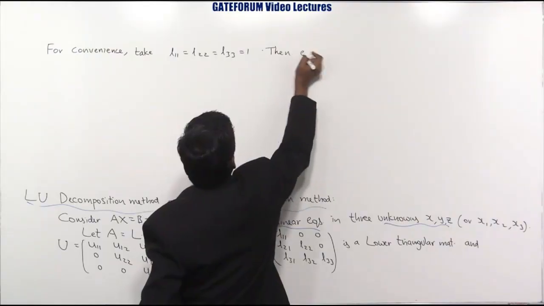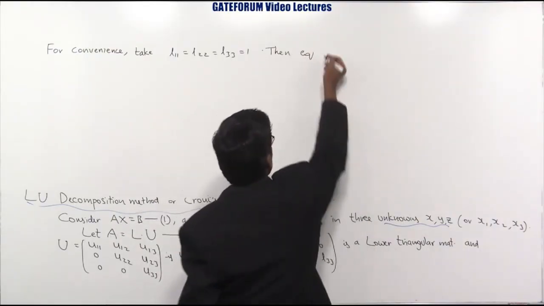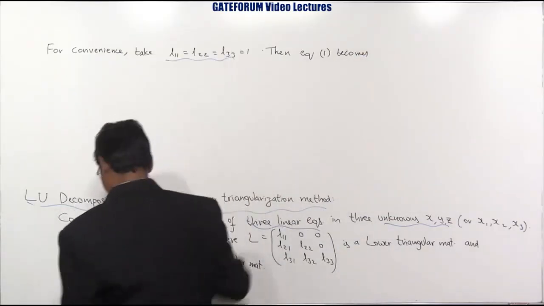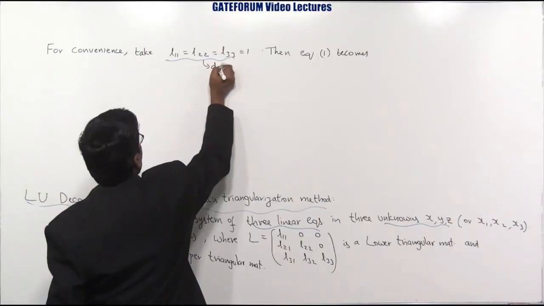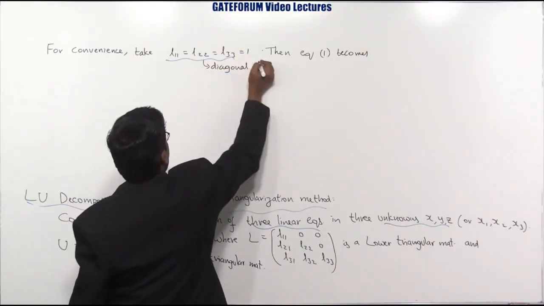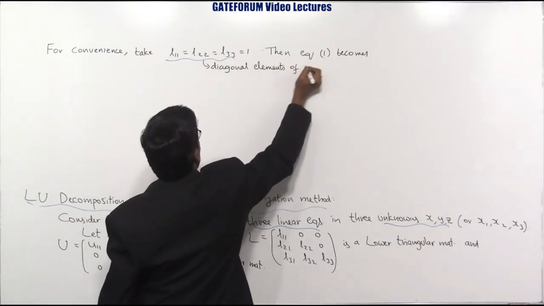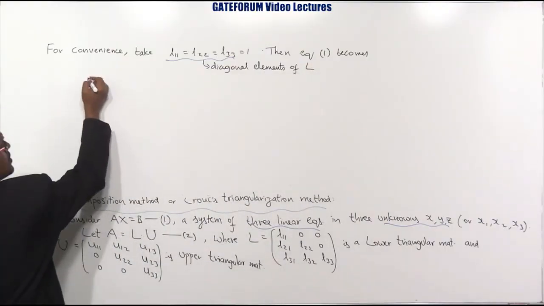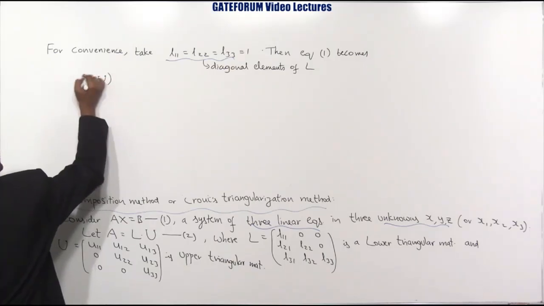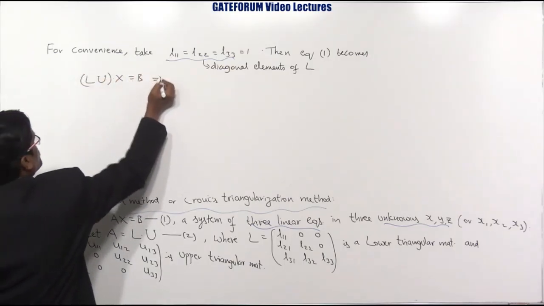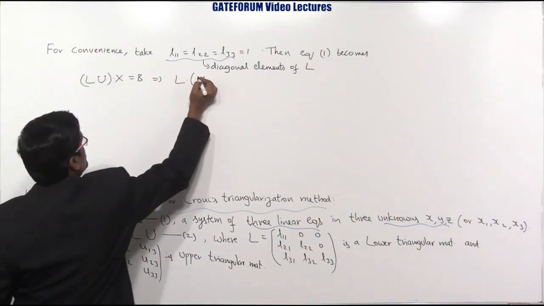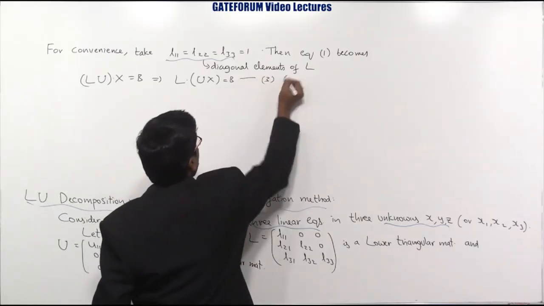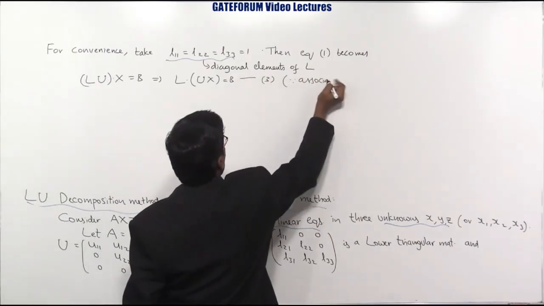Then equation 1 becomes: substitute A = LU in equation 1, which becomes L into U into X = B. According to the associative property, I can write L into (Ux) = B. Let us say equation 3, since matrix multiplication is associative.